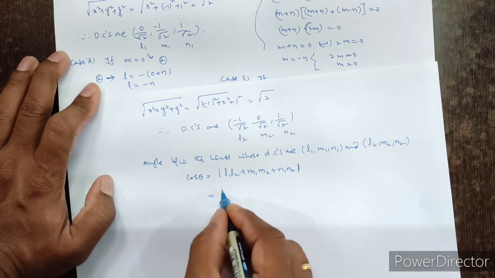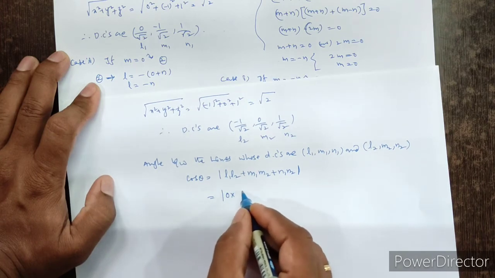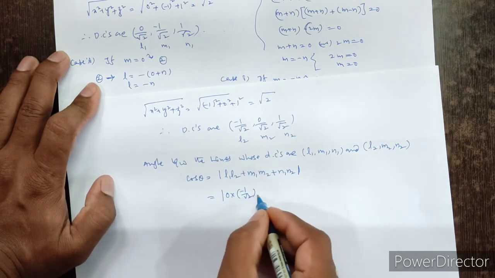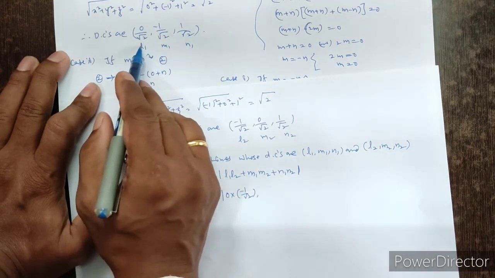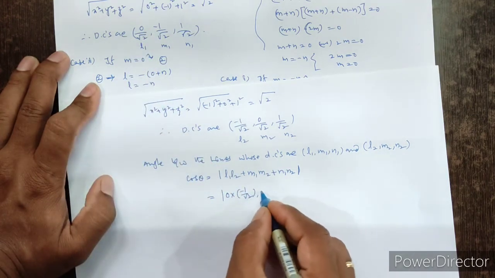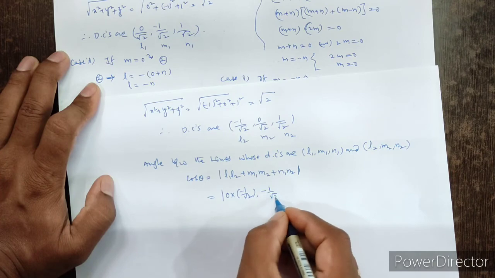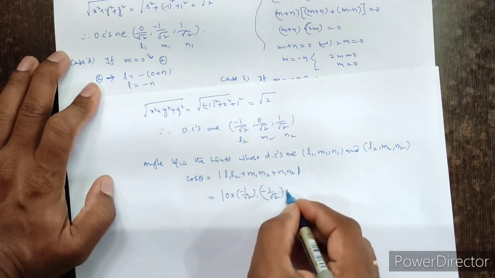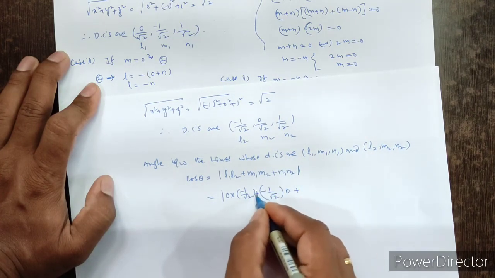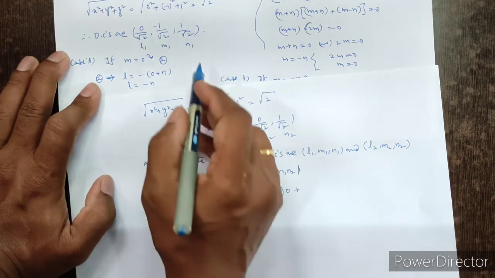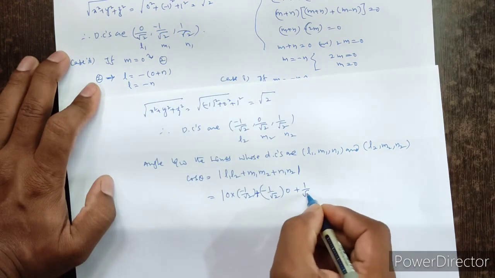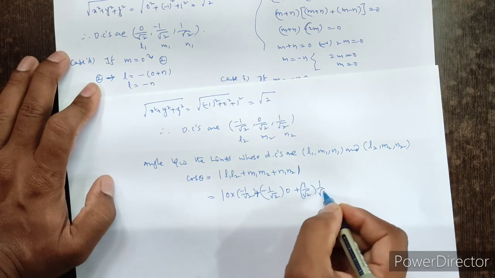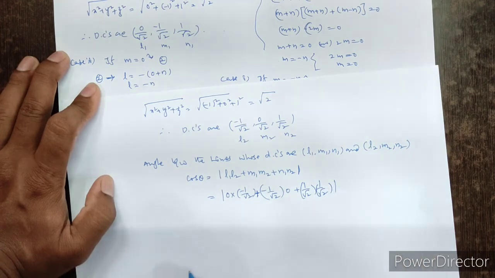So 0 into minus 1 by root 2, 0 by root is nothing but 0. So minus 1 by root 2 into 0 plus 1 by root 2 into 1 by root 2, modulus.